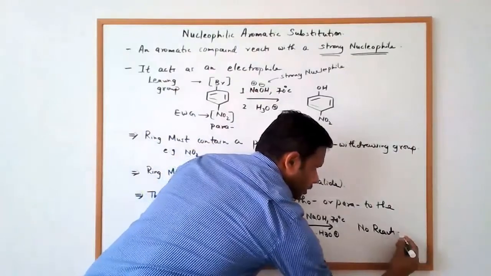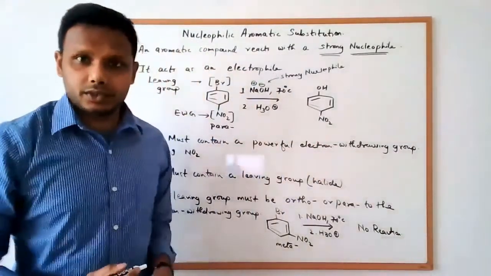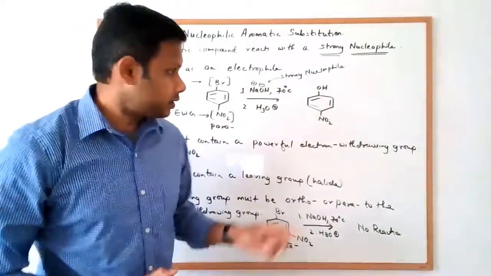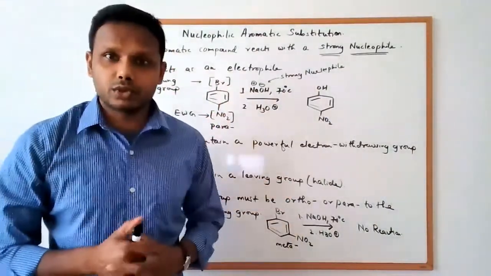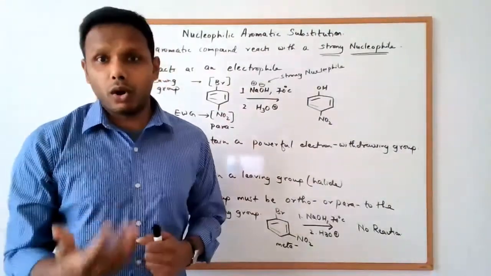So there is no reaction under these conditions. So it is very important that the relationship between the leaving group and the electron withdrawing group is para or ortho to each other.